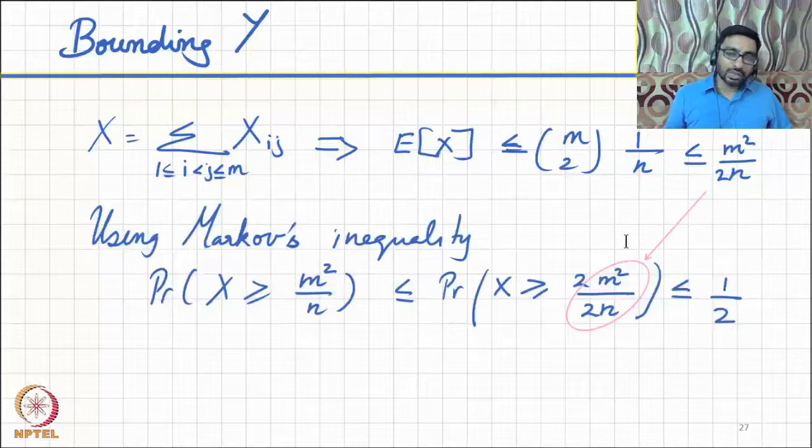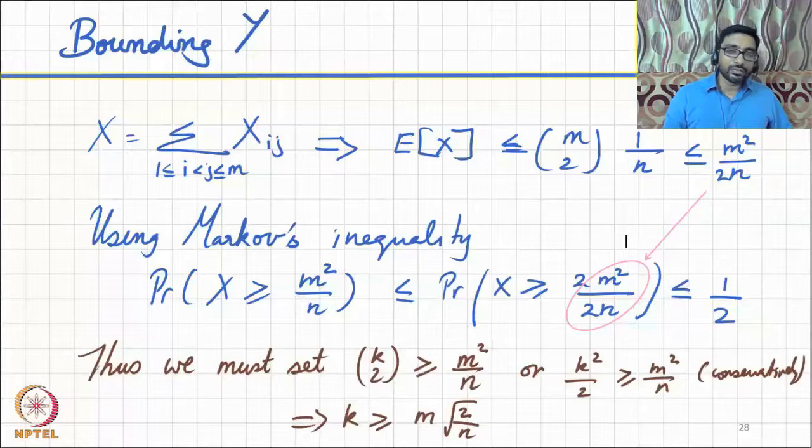And since we have the expectation, we can now apply Markov's inequality. Using Markov's inequality, we get that the probability that X is at least m squared by n is at most the probability that X is at least twice the expectation of X. This m squared by 2n, remember, is the expectation of X. And that's, of course, at most 1 by 2.